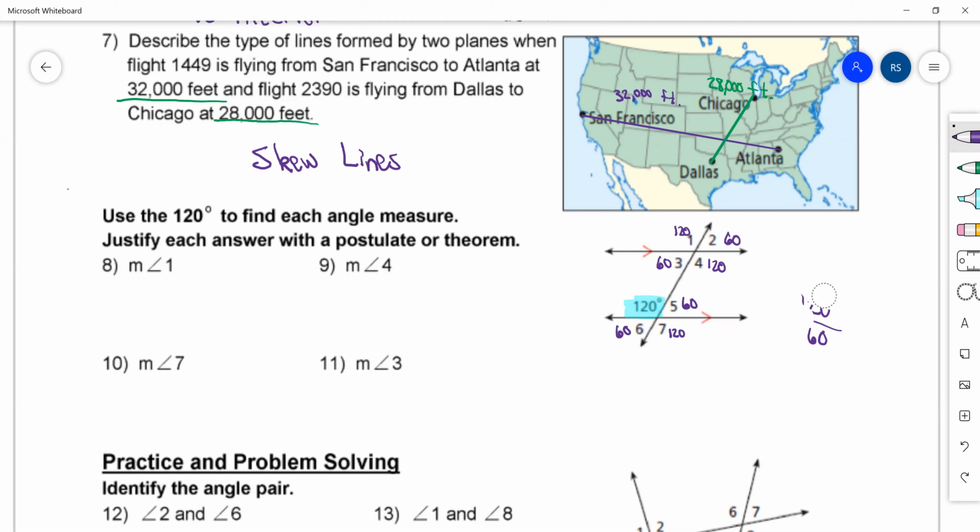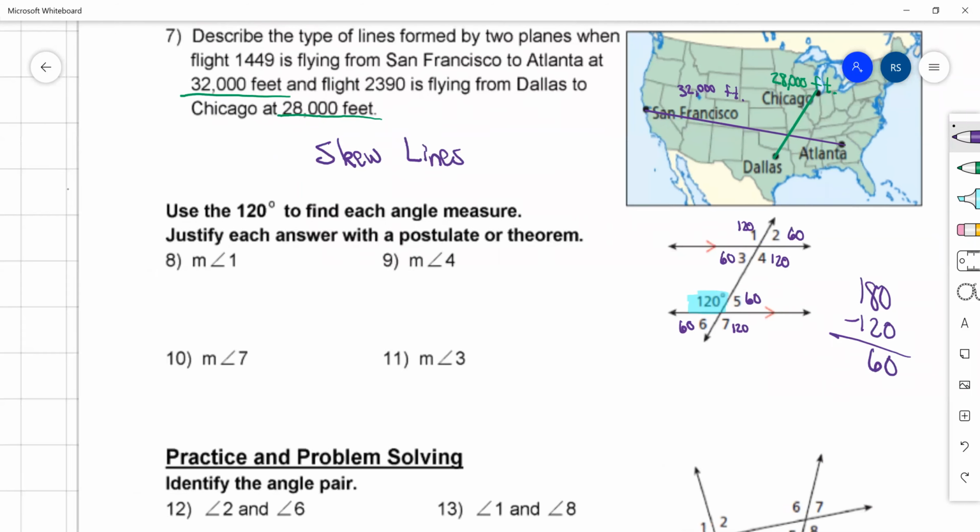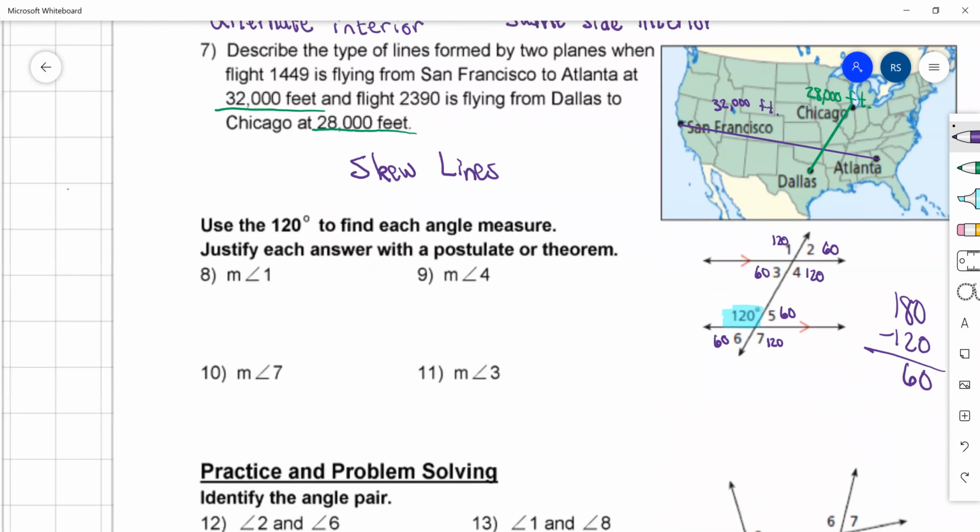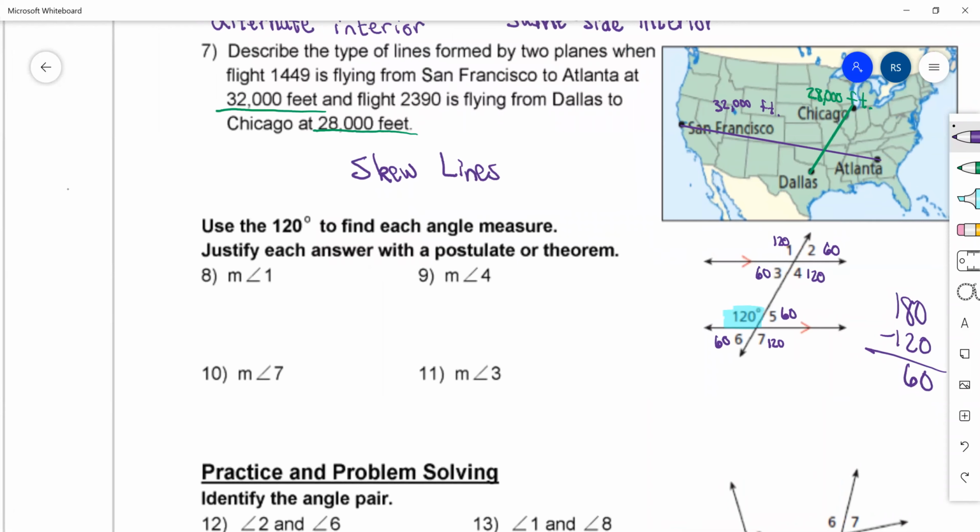Why am I erasing? Oh, I erased it now, so let me rewrite it. Okay, so now we know all the angle measures, but we've got to justify by saying what relationship they have. And I'm sorry, it's complicated is not a valid relationship status here.